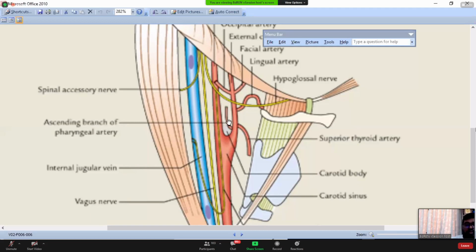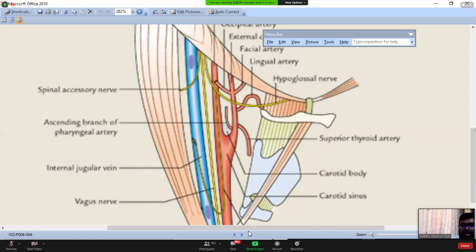This acts as a chemoreceptor, and it can be stimulated or elicited by the excess of carbon dioxide or by the reduction of oxygen, and accordingly the reflexes are formed. So what is the reflex? Now I'm coming to the point. What is reflex as such?